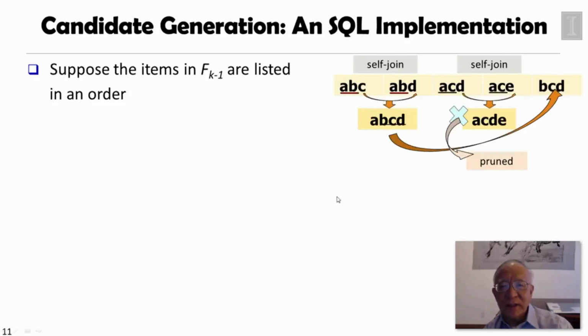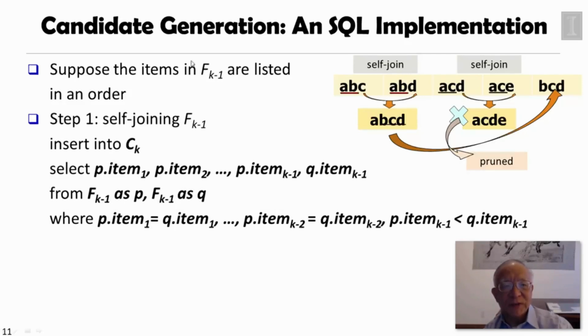Let's look at the SQL implementation of this candidate set generation and test. The candidate generation is essentially this. First, the self-joining: you see the first k minus 2 items are all identical, then for the last item, one is smaller than the other, and we get 1 candidate set.